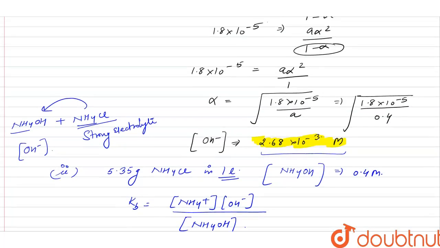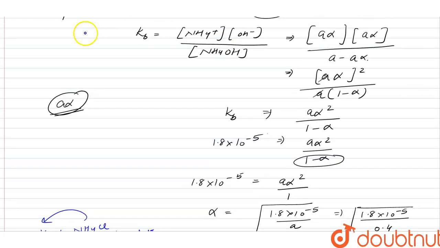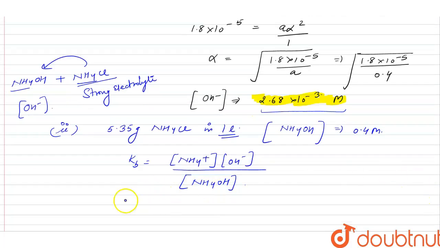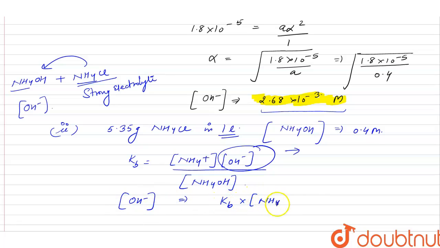This was the formula for equilibrium constant we have written here. When we rearrange this formula, as we have to calculate the concentration of OH negative, we get OH negative concentration equals Kb into concentration of NH4OH upon concentration of NH4 positive.